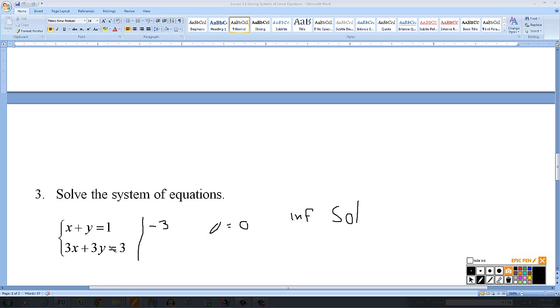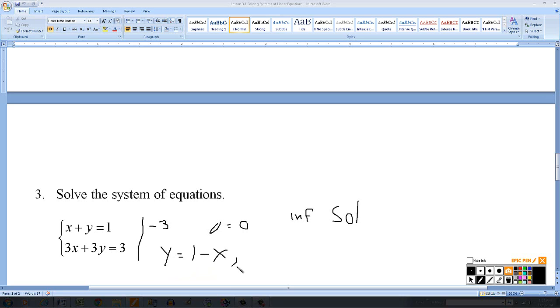So the way we could write this in a solution set is we could solve the first equation for y or x. It doesn't really matter. You get y is equal to 1 minus x, and we could say the solution then is y equal to 1 minus x, where x is any number.